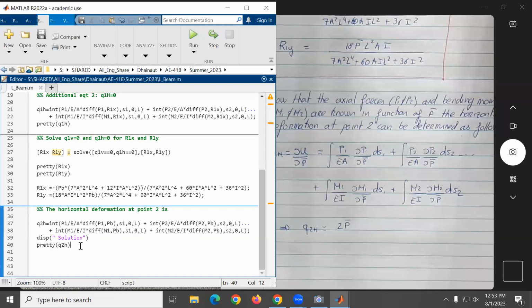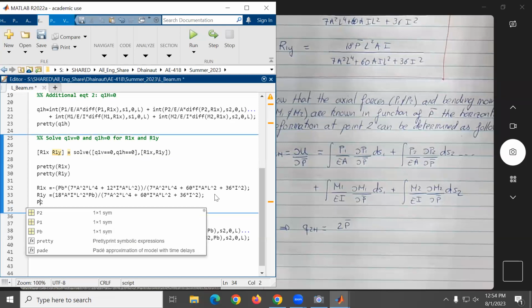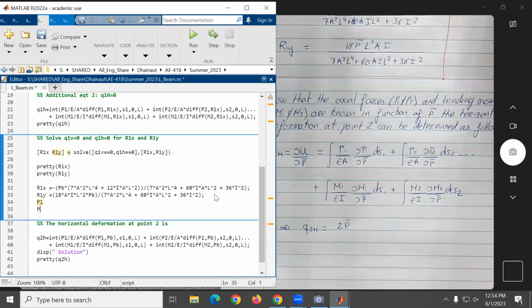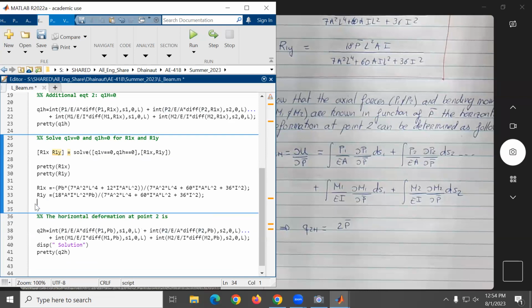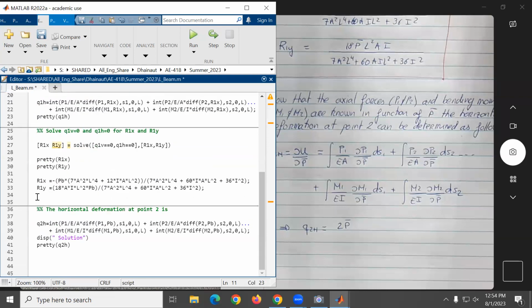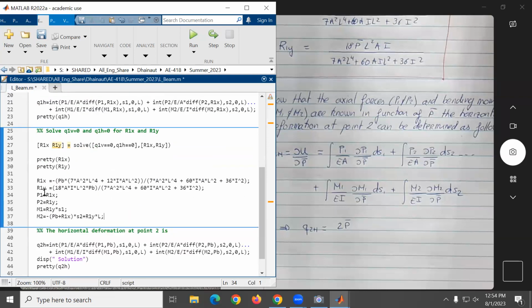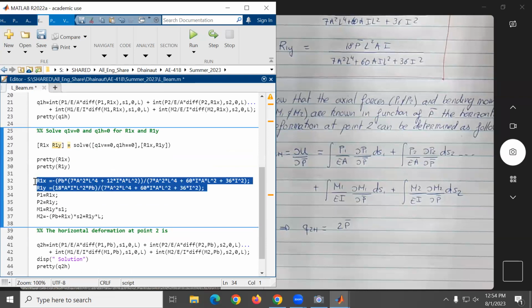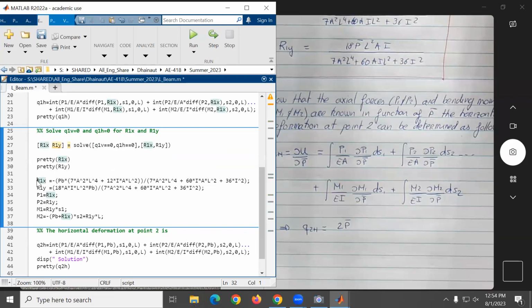Because I think I might have to redefine those variables, P1, P2. Okay, I think I know. You can use the subs, or I think we can do this. Maybe these were not needed, so I'm just going to comment them out and see if that works.